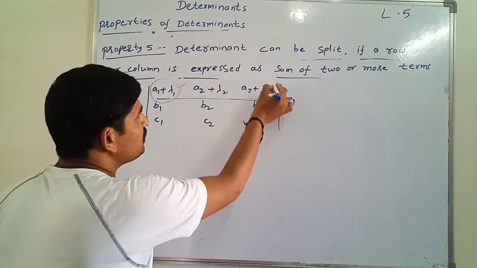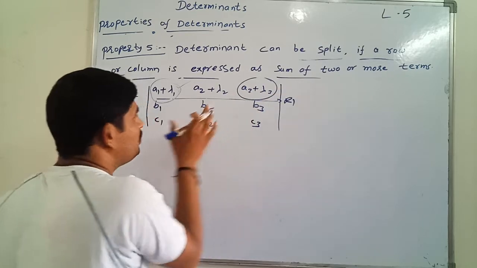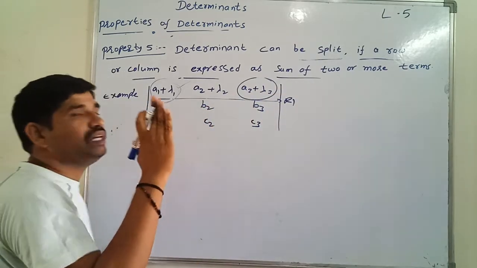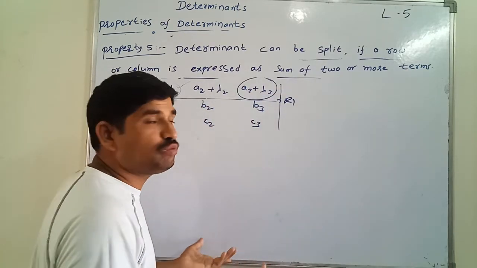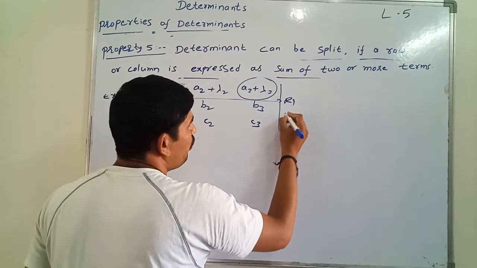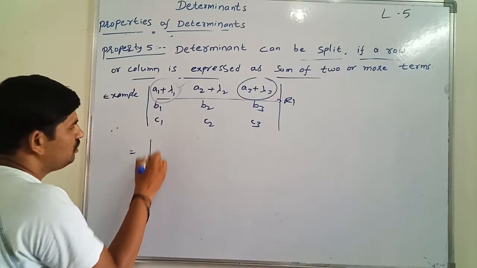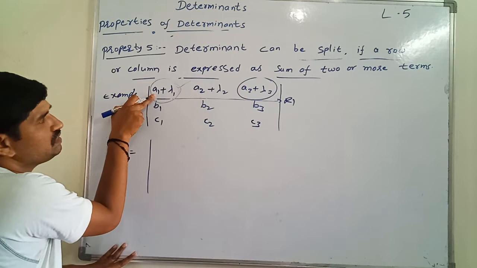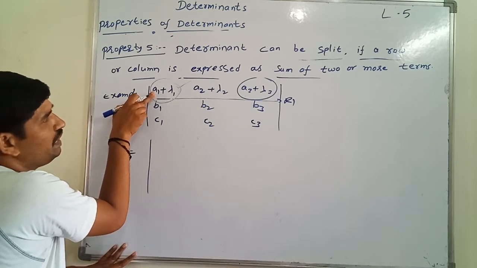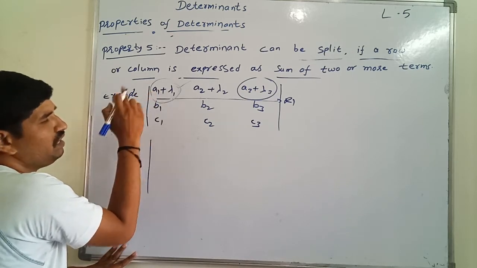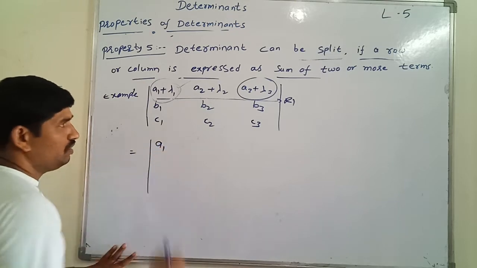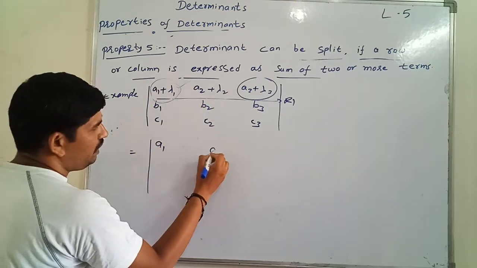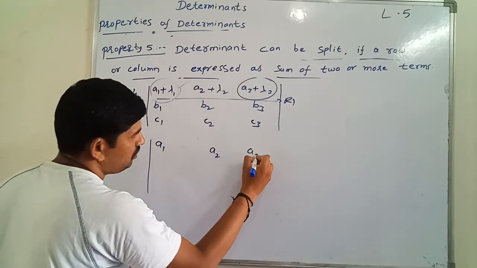So if the determinant is in this form, it can be split. How do we split it? The first element in the first row has two terms, a1 and lambda 1. First we write a1, then a2, and so on.